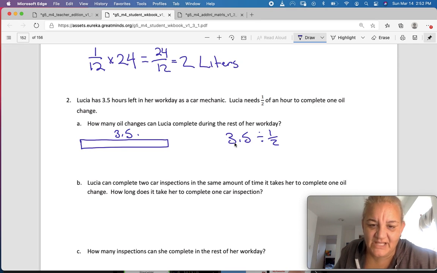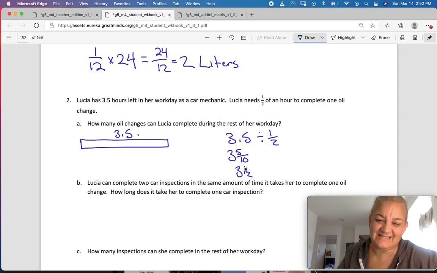You know that 3 5/10 is 3.5. Now I'm going to turn that into an improper fraction. 2 times 3 is 6, plus 1 is 7 halves, divided by 1/2 would equal, well, what does that equal? 7.